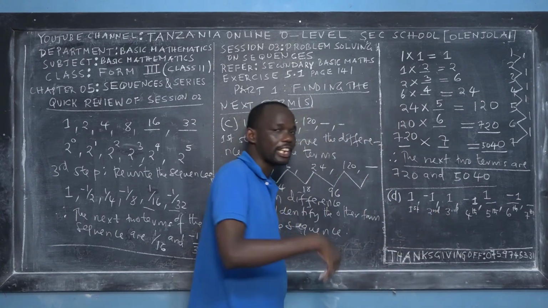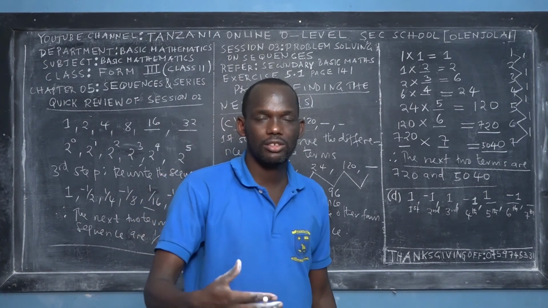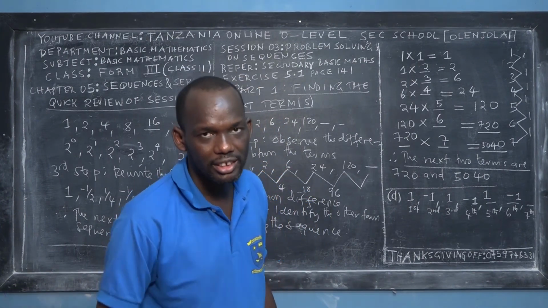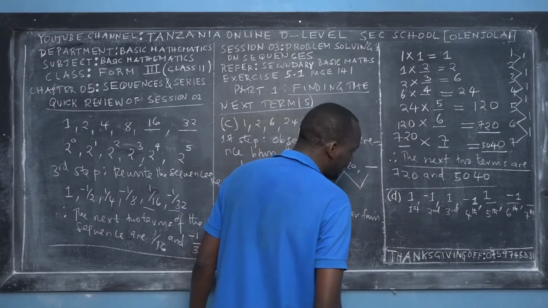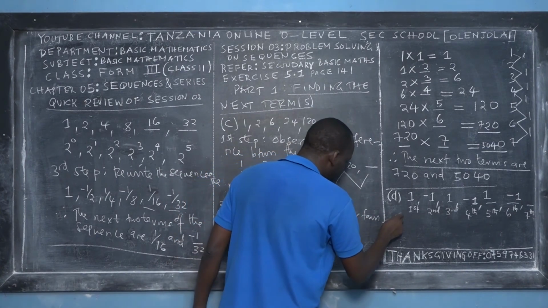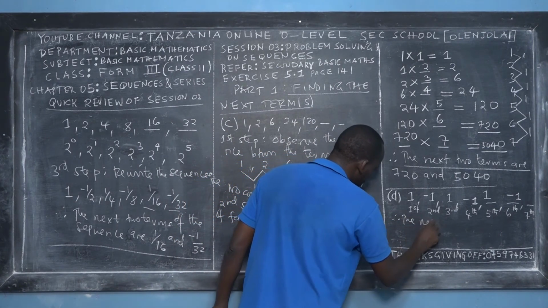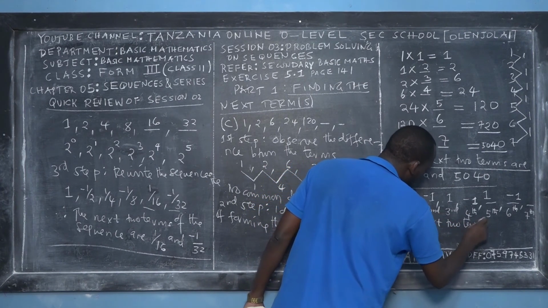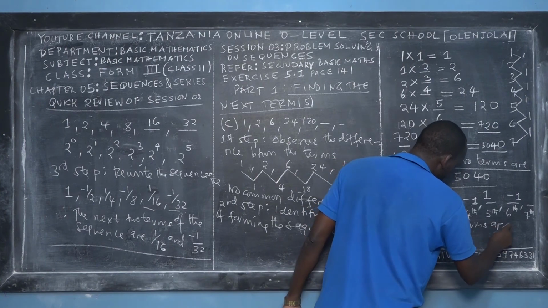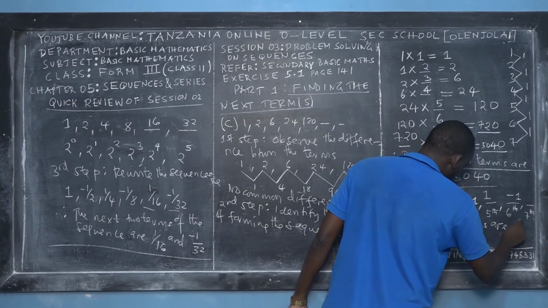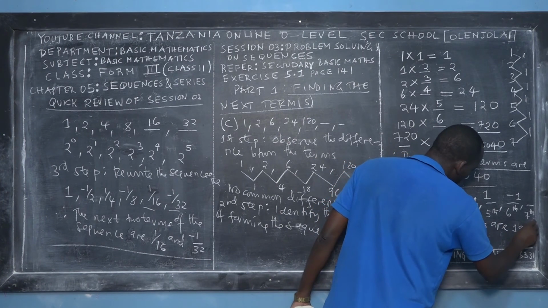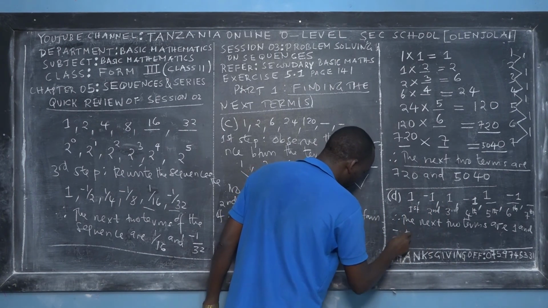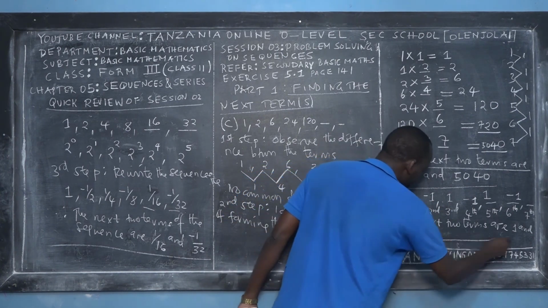So the sequence repeats as many times as we can write. So just to conclude, we say that the next two terms are 1 and negative 1. That's the response.